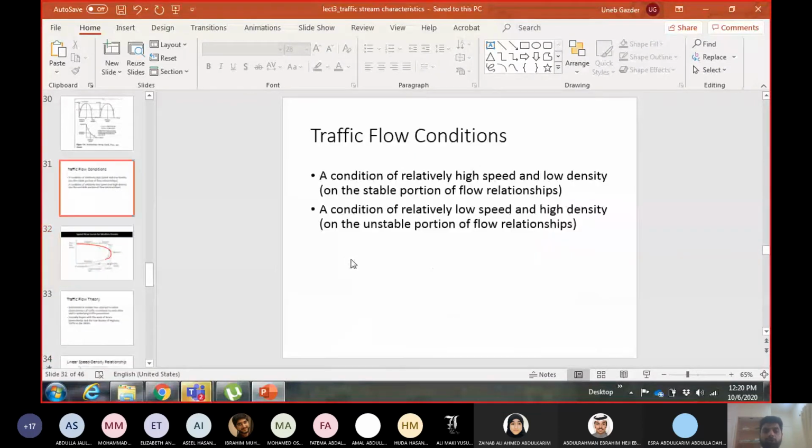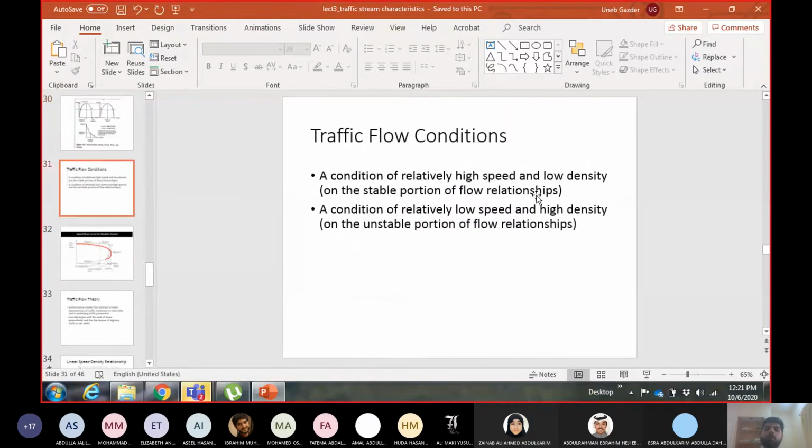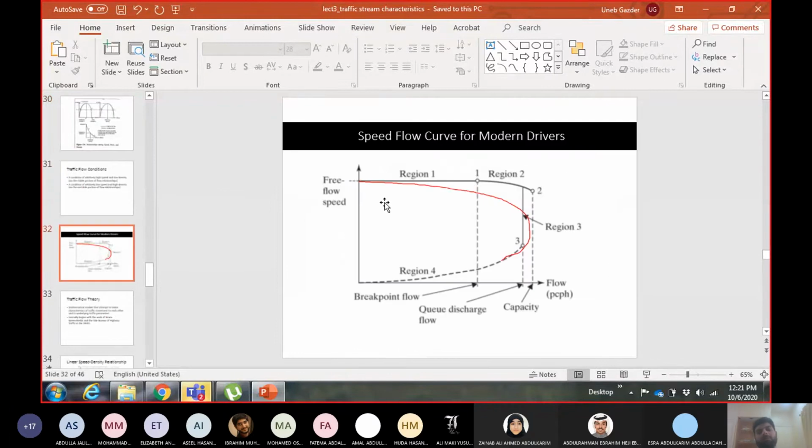Now I showed you the traditional curve between flow and speed. This one. Now for modern drivers, this curve is slightly changed. For modern drivers, the curve between flow and speed is slightly changed. This is the modern curve. This is a curve between flow and speed for the modern drivers. So first of all, you can see they have inverted the axis.